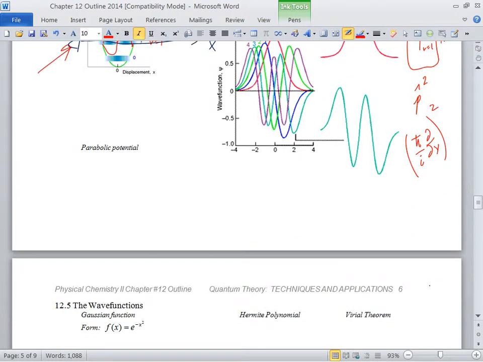So you'd have to set it up, expectation value of p hat squared, and then inside there you'd put negative h bar squared, second derivative, psi 1. Right?